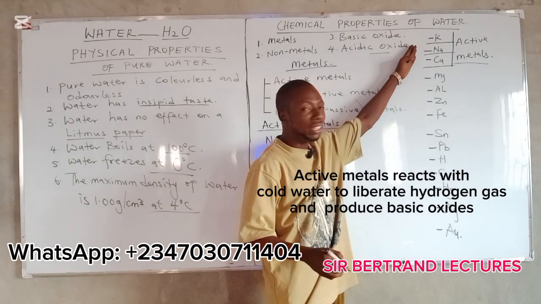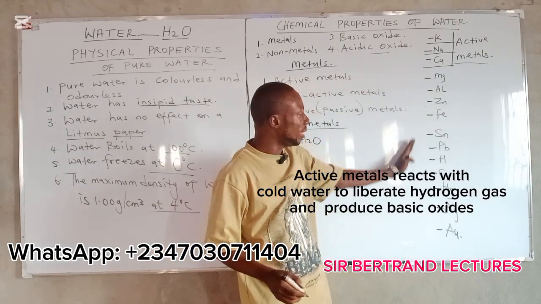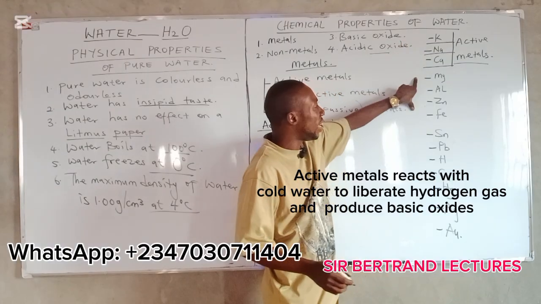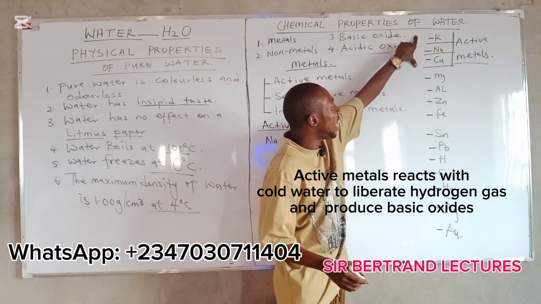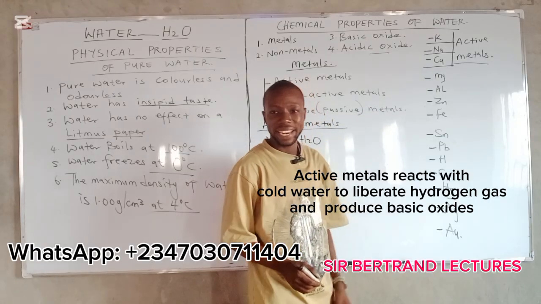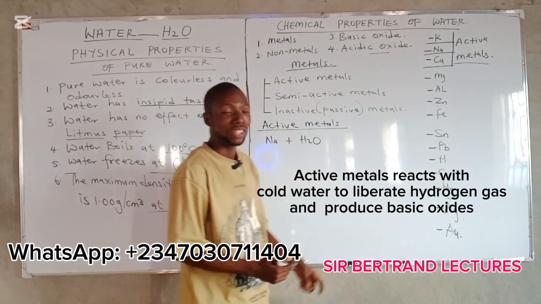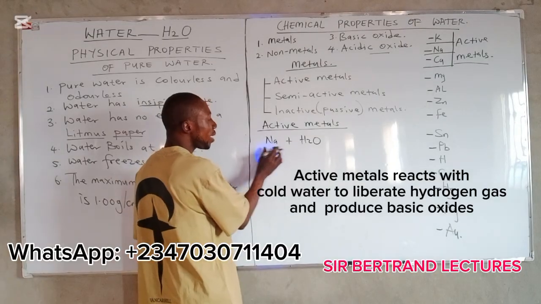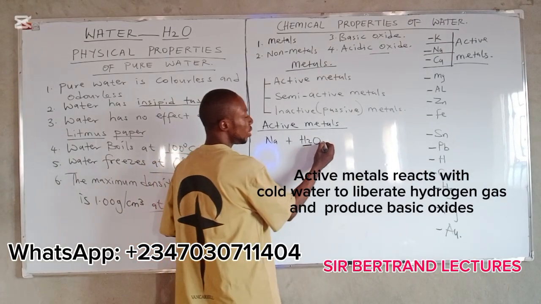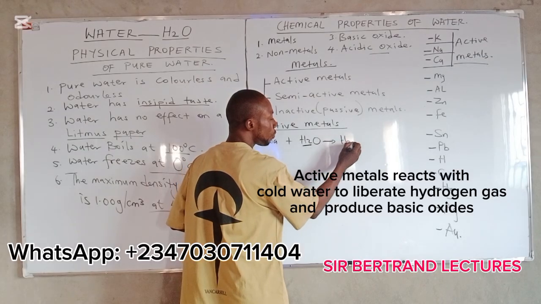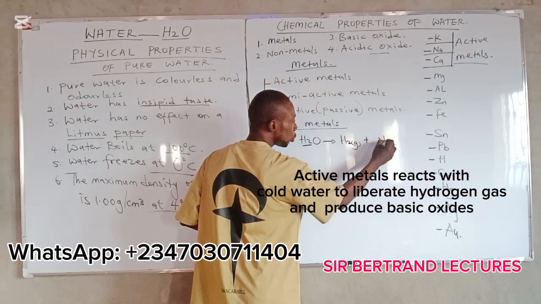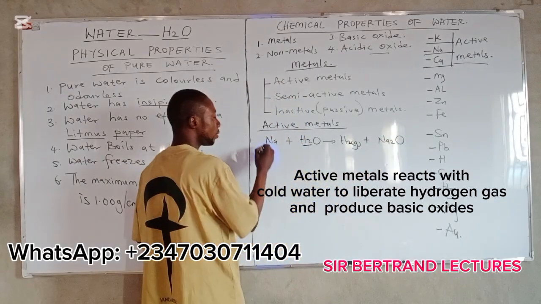Remember, as we are going down, the rate of reactivity is decreasing, meaning that these 3 here are more active than these. These are active metals, these are semi-active metals, and these here are inactive metals because they are non-reactive. Now, when sodium reacts with water, it's going to displace hydrogen in water. The hydrogen will go out in the form of gas to produce sodium oxide.